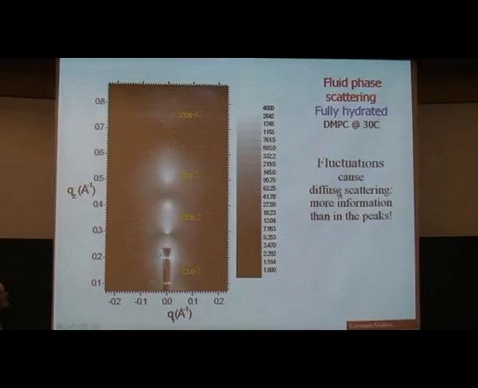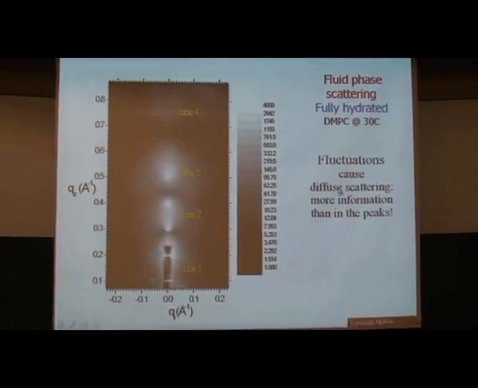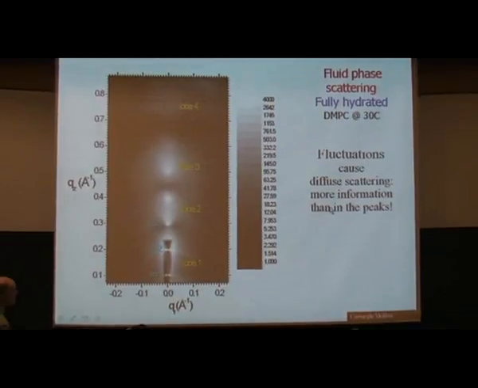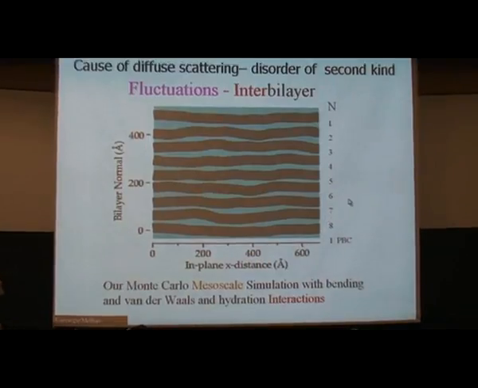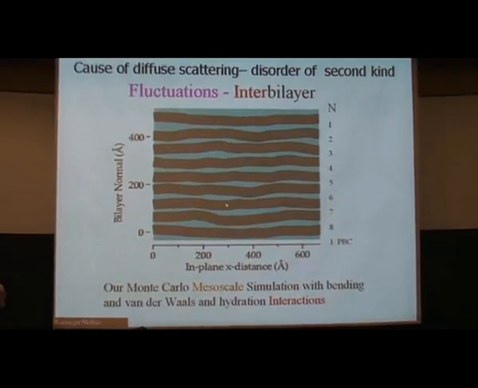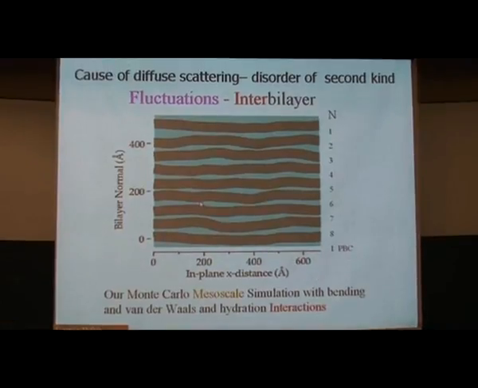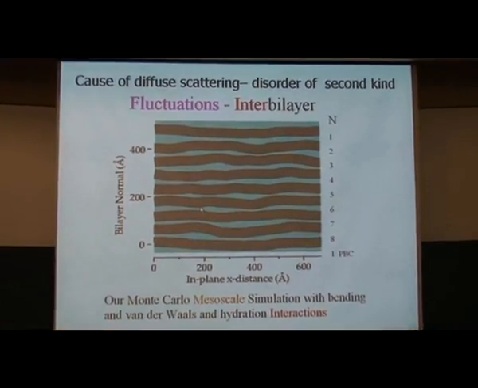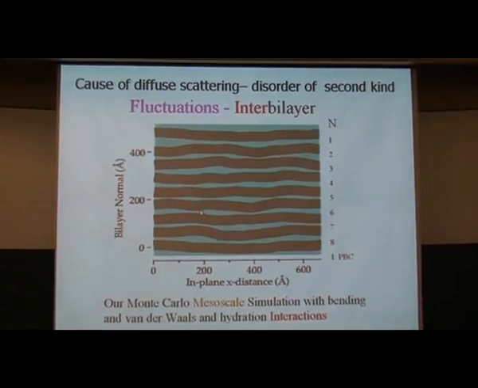But where does the diffuse scattering come from? It comes from fluctuations or disorder. And that's what I want to emphasize next. So this shows one of our Monte Carlo simulations, but it wasn't an atomic level simulation. It was a simulation where we modeled each of these things as a plate that had bending moduli.